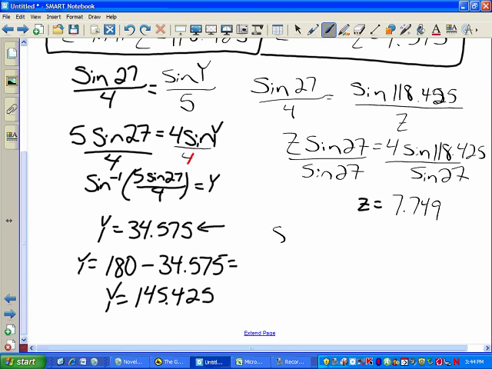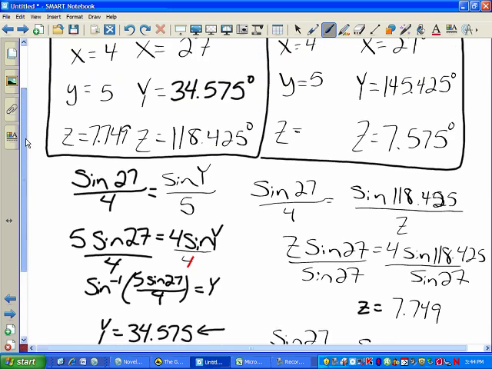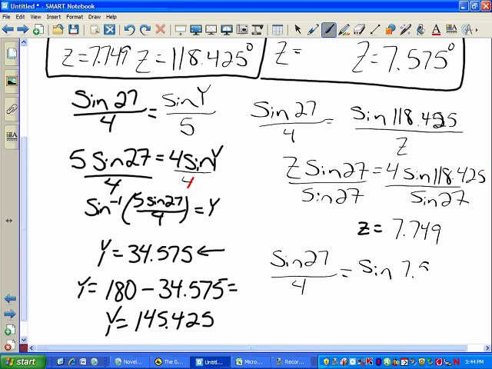So sine 27 over 4 equals sine, what am I looking for? 7.5. I'm going to let you do that on your own. When somebody knows it, let me know. Should be pretty short, 1 point something probably.